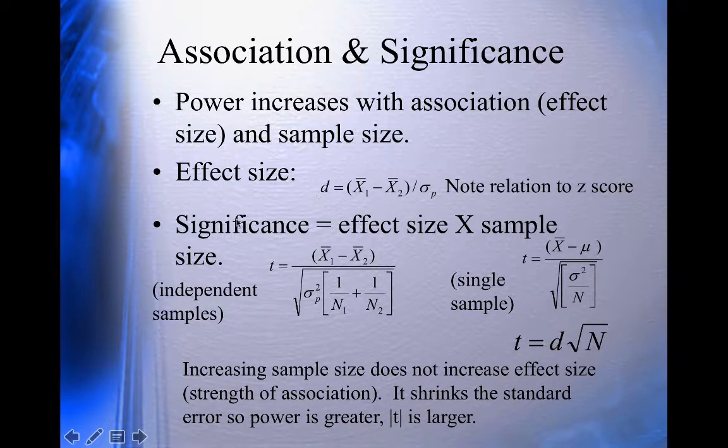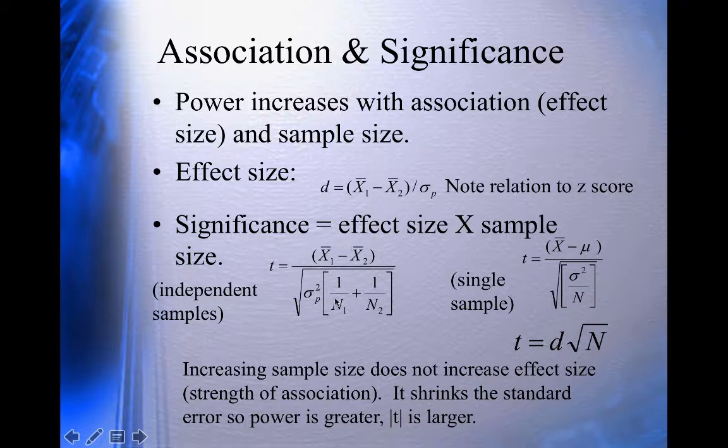All right. So now for testing significance, you get this effect size and you multiply it by the sample size. So whatever the effect size is, for significance testing, you essentially multiply it by the sample size.